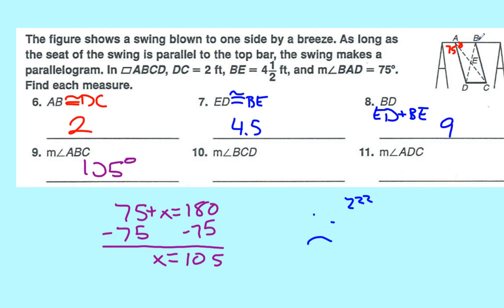And if we know these two, then we know everything else. So BCD, well, again, consecutive angles have to be supplementary, so with 75 here, this has to be 105 over there. So let's see, 75 and 105.